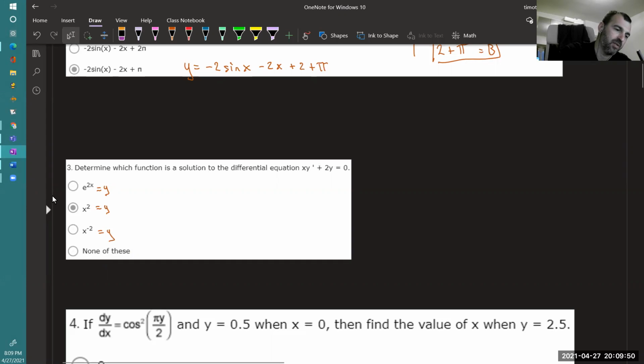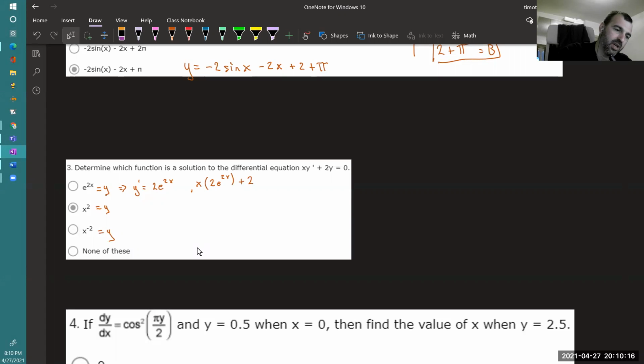All right. So if that's y, then y prime is 2e to the 2x. Now I'm going to take this x times y prime, which is 2e to the 2x, and then I'm going to add to it 2y.